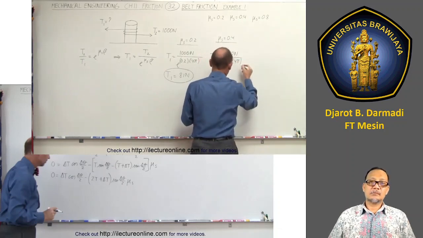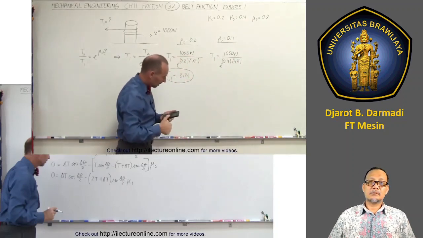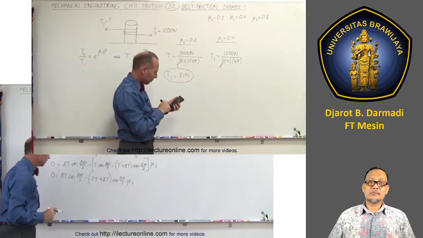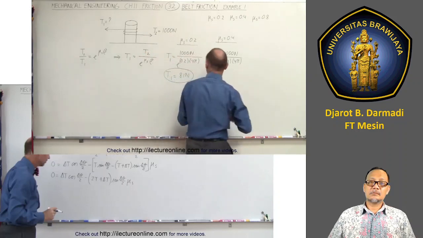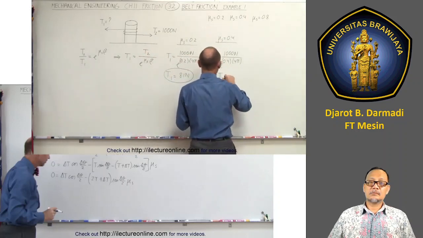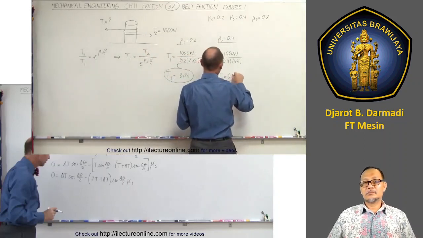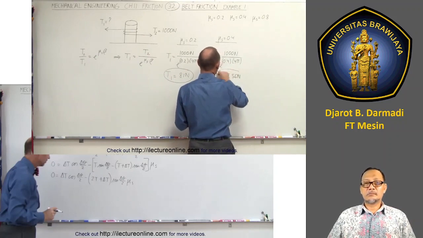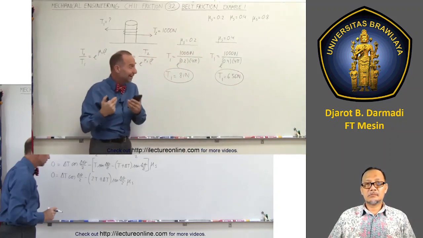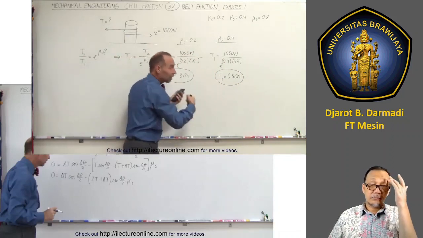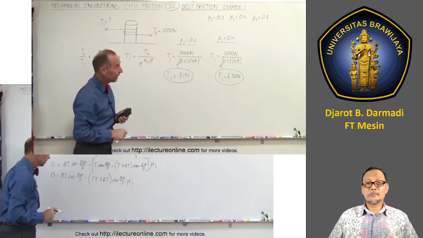So we have 0.4 times 4 times pi, e to the x, inverse, times 1,000 equals, so it's only 6.56 newtons. T1 is equal to 6.56 newtons. Notice by doubling the coefficient of friction, we now require less than 1/10 the tension to keep the rope from slipping.